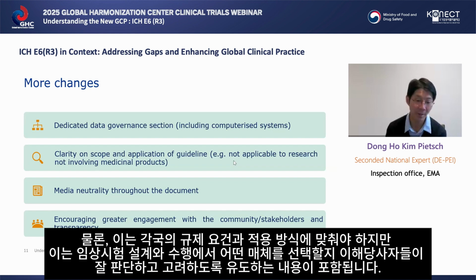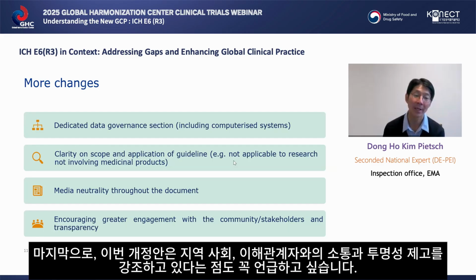Of course, this always has to be in line with local regulatory requirements and application, but this is something the group took on board, and hopefully you see this throughout the document and it makes people consider and weigh the right media to use in the clinical trial design and conduct.